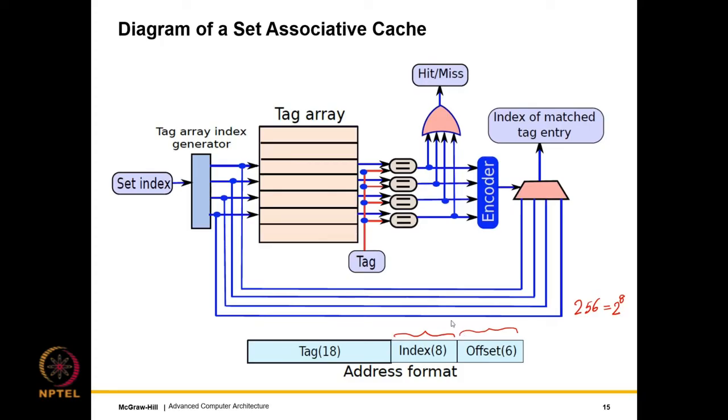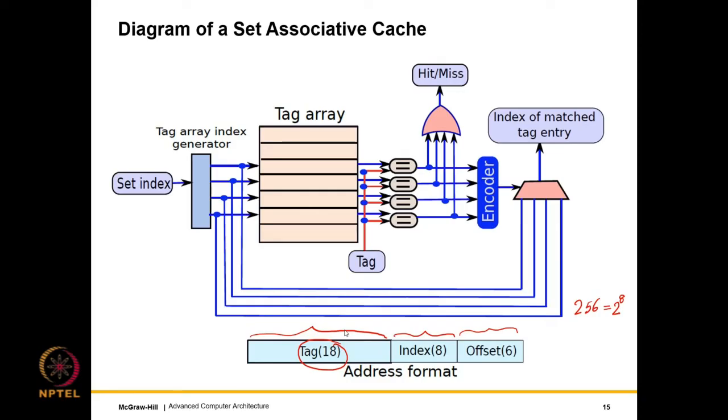The remaining bits, which any 2 aliased addresses might have different, are the remaining 18 bits. Where does 18 come from? 8 plus 6 is 14, 32 minus 14 is 18. So in this case the tag, instead of being 16 bits, is 18 bits. That's important to keep in mind.